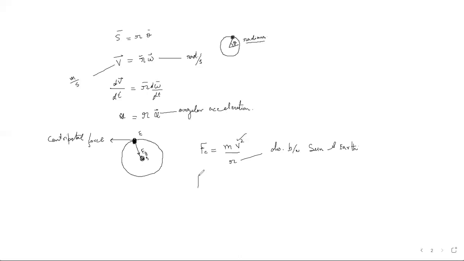So you can also find this centripetal force in the angular terms, m divided by r. M is the mass of the object. So in this case, this will be the mass of the earth. And v is equal to r omega. So then it will be r square omega square. And this r square will cancel out with this r, and we will get the centripetal force m r omega square.